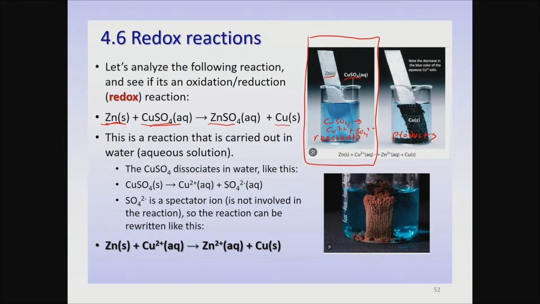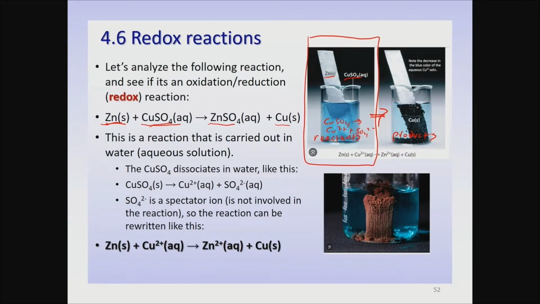If you let these two reactants sit together long enough, you will carry out a chemical reaction, and then you will see some changes. One of the things you'll notice is that the blue color goes away, and that might indicate that the copper ion for some reason is disappearing.